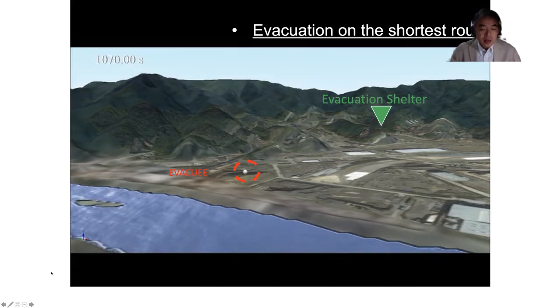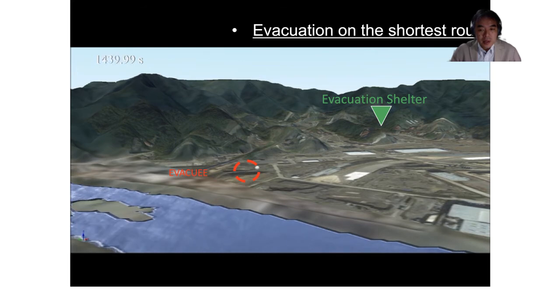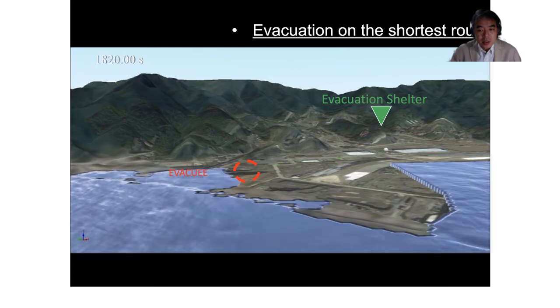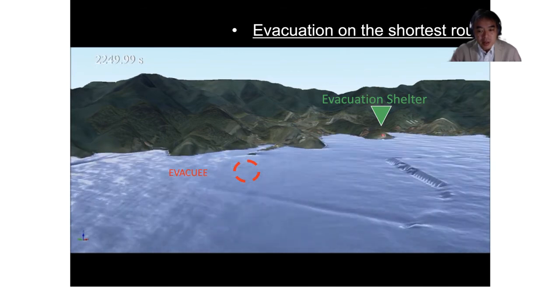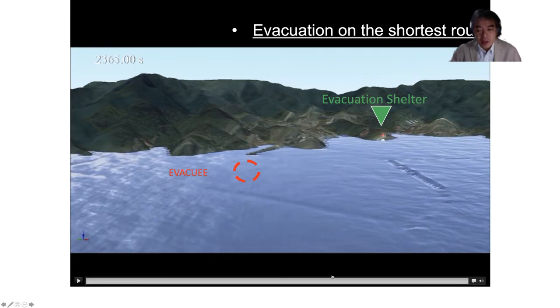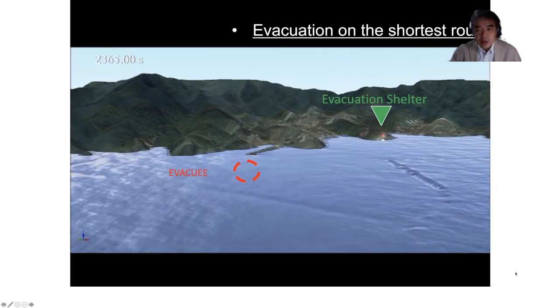This video shows the demonstration by choosing the shortest route for evacuation. The evacuee encountered the tsunami if he selected the shortest route.